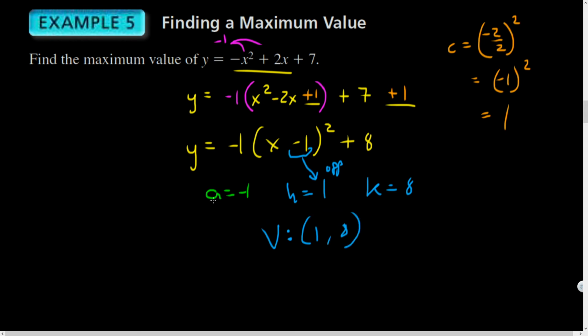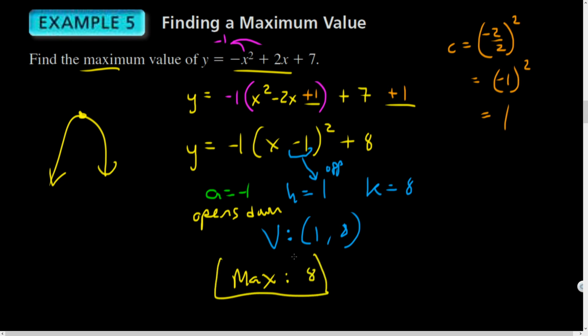Now, this a value being negative means that the graph opens down. And as a result, the vertex is a maximum, right? Because if it opens down, the vertex is on top of the mountain. It's a maximum value. And the max value is the 8. Okay.